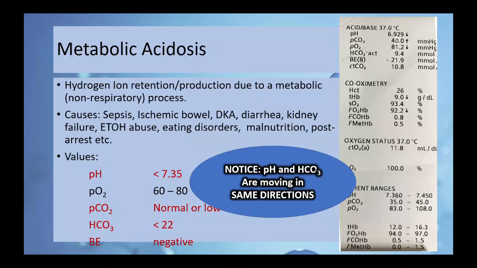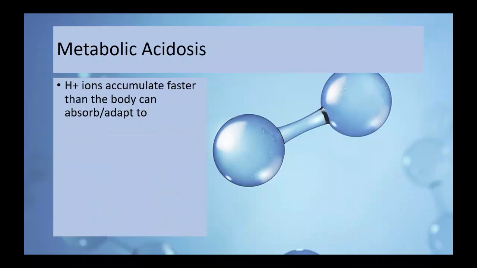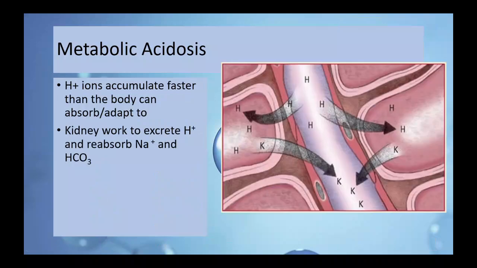So, pH and bicarbonate moving in the same direction. Now with metabolic acidosis, the hydrogen ions are accumulating faster than we can adapt by circulating buffers or whatever condition may be involved there. As those hydrogen ions accumulate, the body is going to try to shuffle those hydrogen ions into the cell, which will move potassium out of the cell.